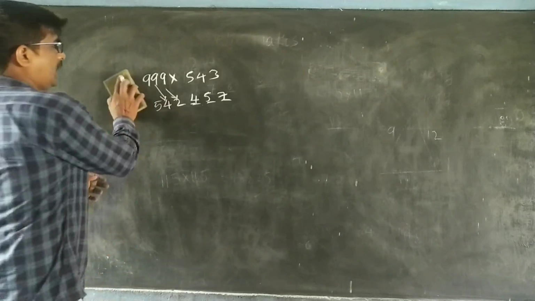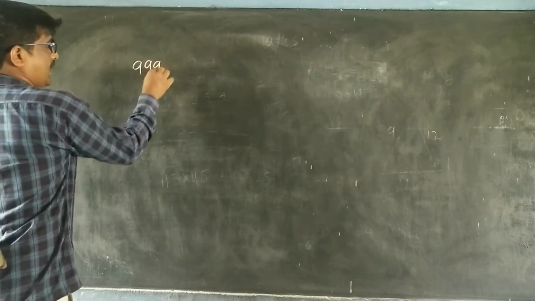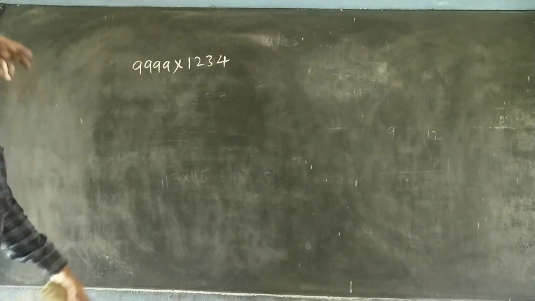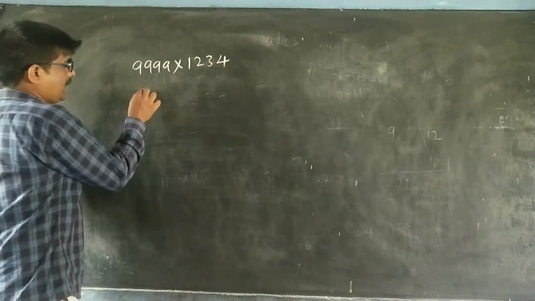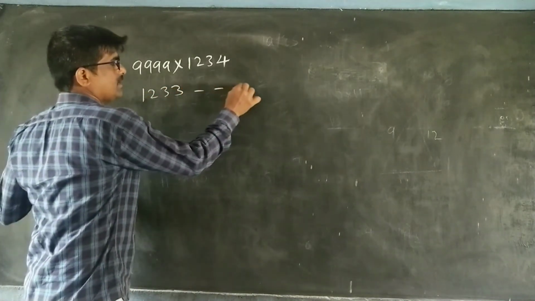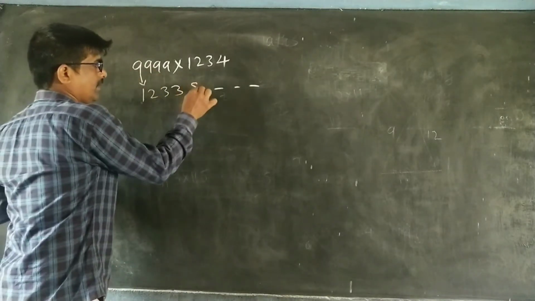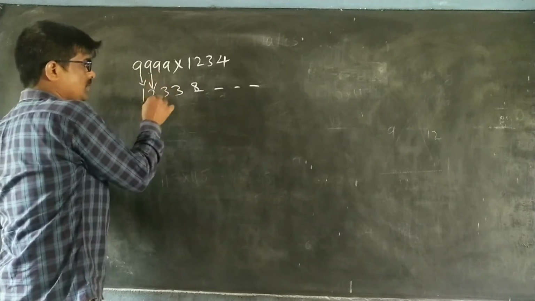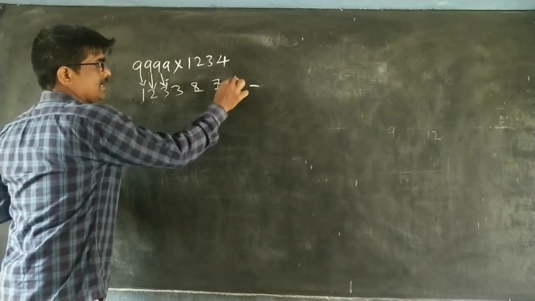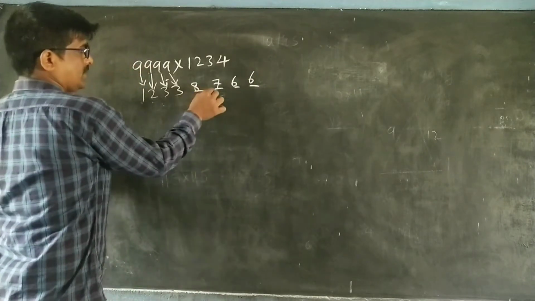Next, again one. If you have 4 nines, 9,999 into 1,224. Whatever number it may be, write one number less, that is 1,223. Next, take 4 digits after it. So 9 minus 1 is 8. 9 minus 2 is 7. 9 minus 3 is 6. 9 minus 3 again is 6.